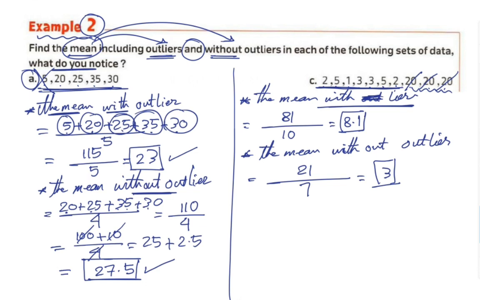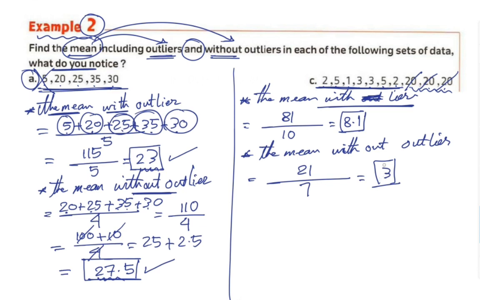What do you note? I note that the more outliers there are, the more effect on the mean. Here we have 23 and 27, two cases close to each other, but here we have 8 and 3, so far from each other.